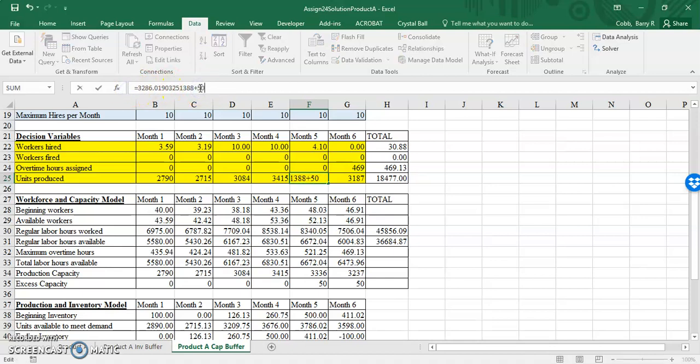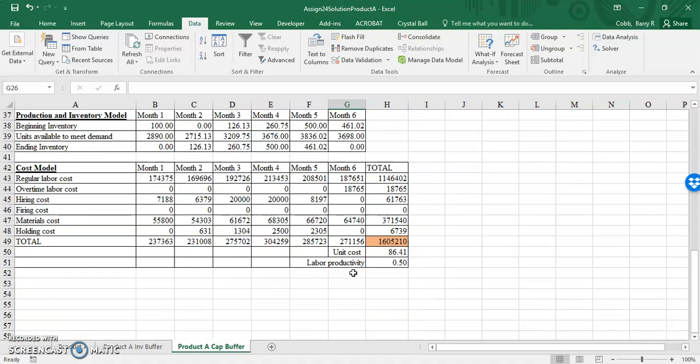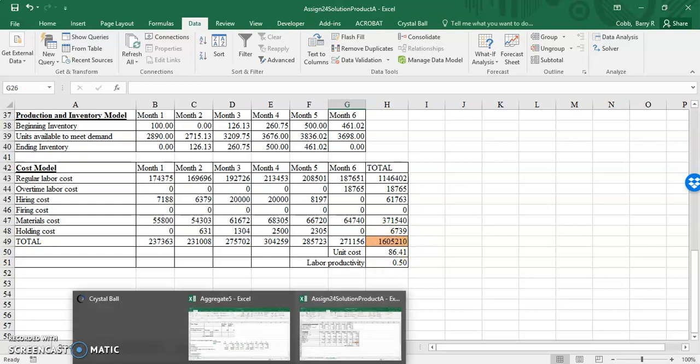And then we'll see our deficit in inventory go away once we do that. Because we increased production manually, we no longer have excess capacity, even though we started with it. But we're okay in terms of ending inventory, not going negative. Our cost is now $1,605,210. Some materials cost and unit holding cost have changed.